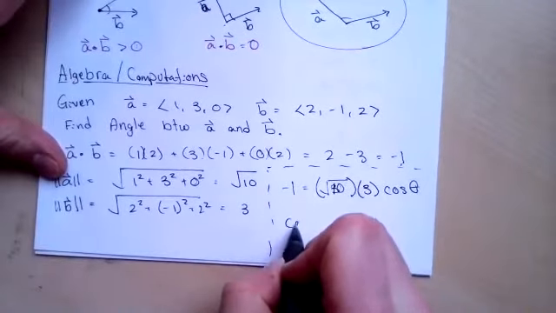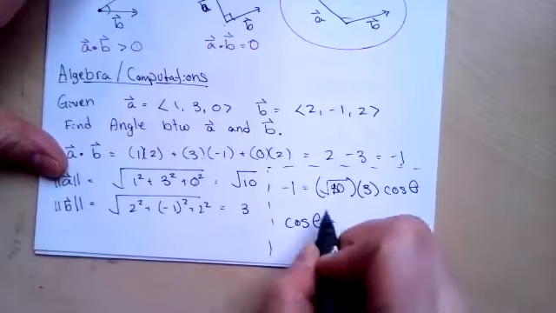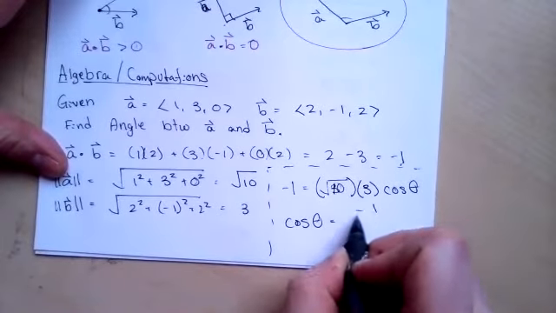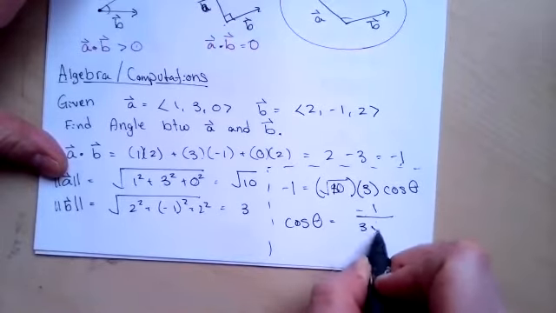So what do we get? We get cosine of theta is equal to negative 1 over 3 root 10.